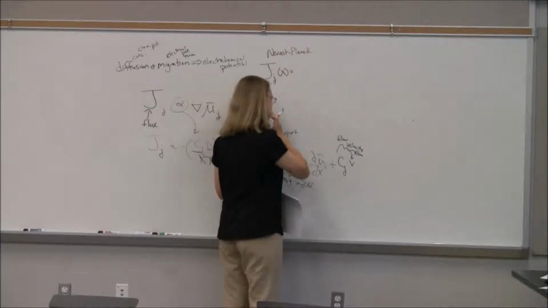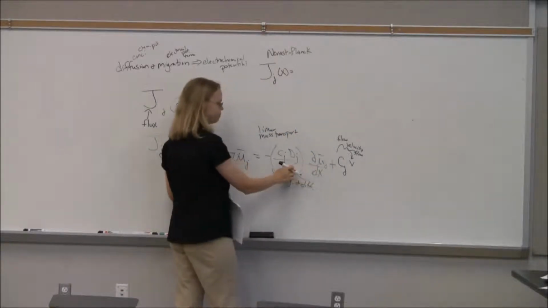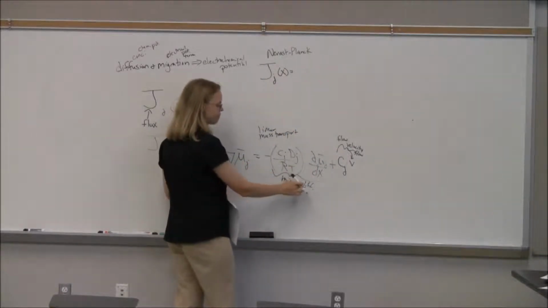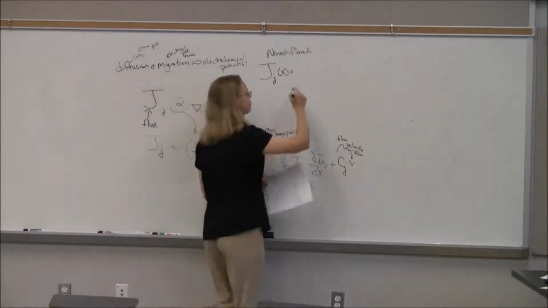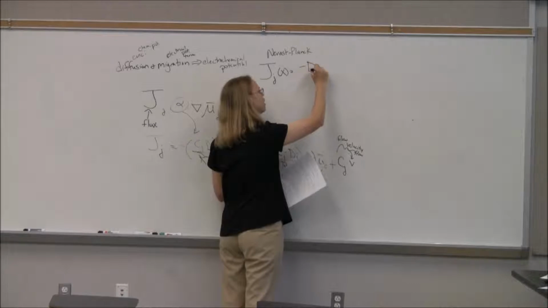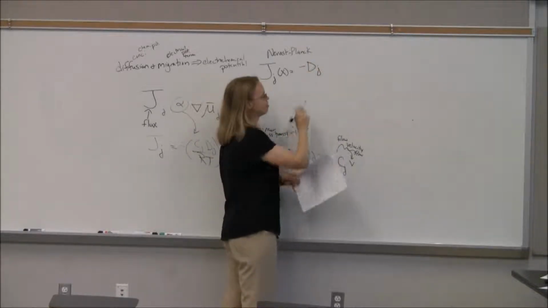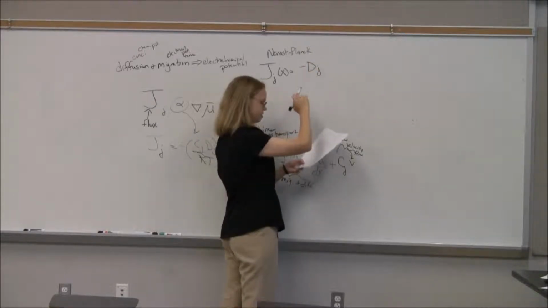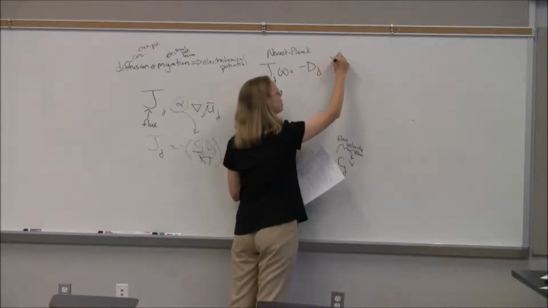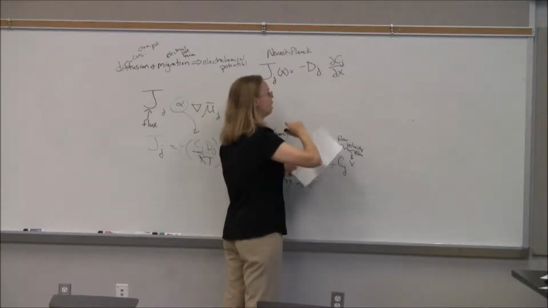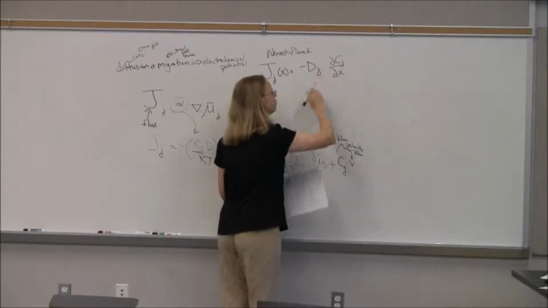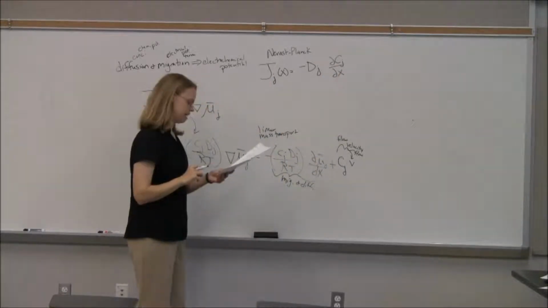It turns out you can split this term up. I told you it was both migration and diffusion. If you split it up, you can get a diffusion part. The diffusion part is minus D, the diffusion coefficient of J, times the concentration gradient of J.